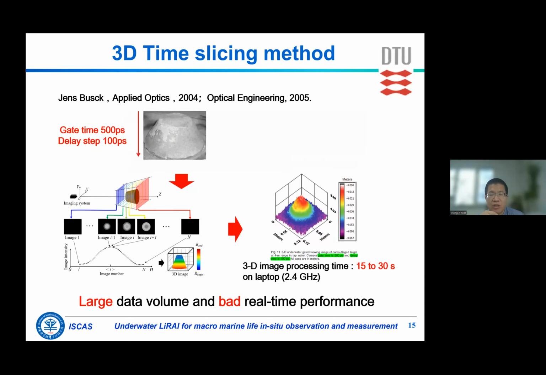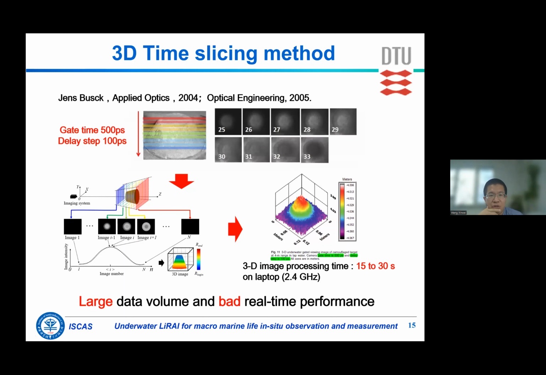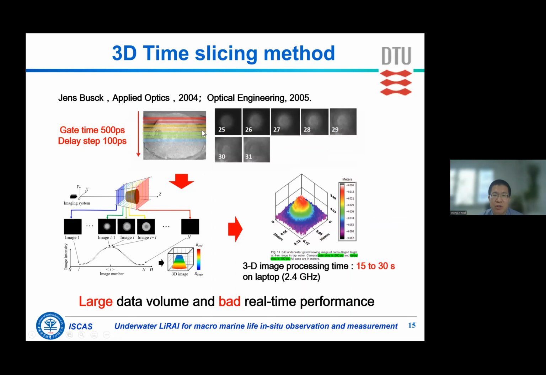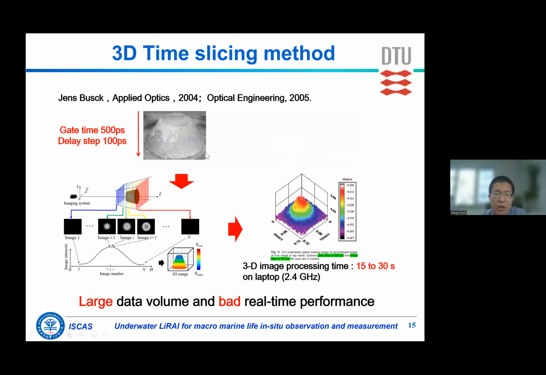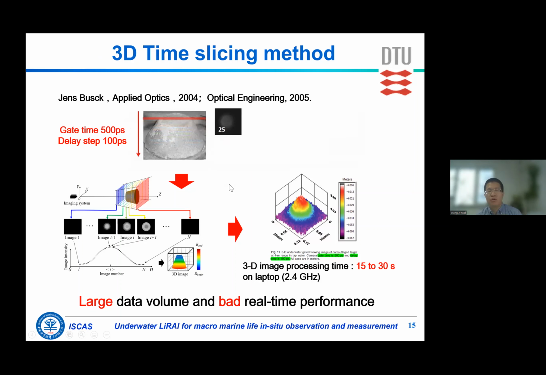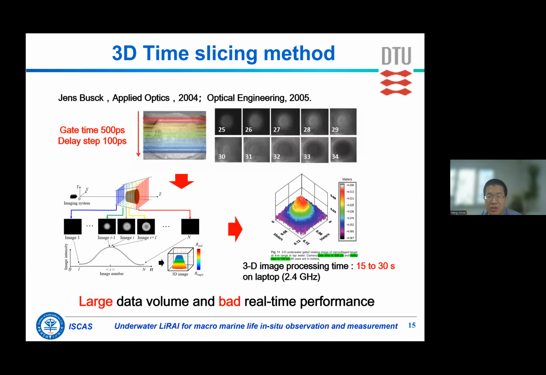So based on range-gated imaging, James Busck developed a time slicing method for three-dimensional imaging. From this picture, if we want to reconstruct a three-dimensional scene, a large data volume is needed, and this will reduce the real-time performance.